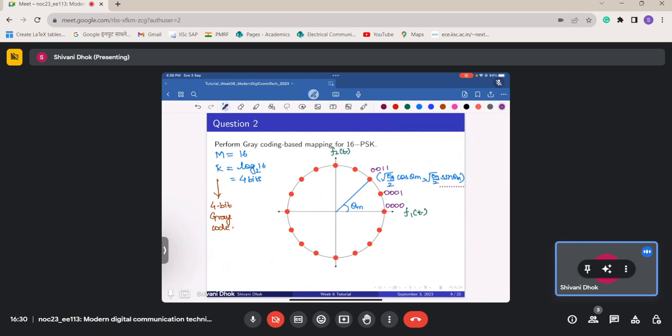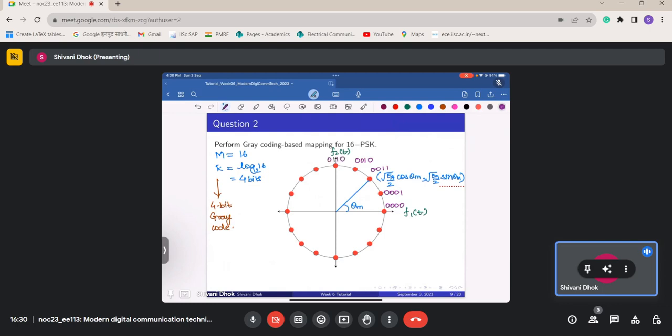Then this point here is 0 0 1 0. Then again, now see here, we can't change this place. If I change this LSB, I'll again get back this. So instead of changing this bit location, I'll make a 1 here. Okay, so what I'll get is 0 1 1 0.